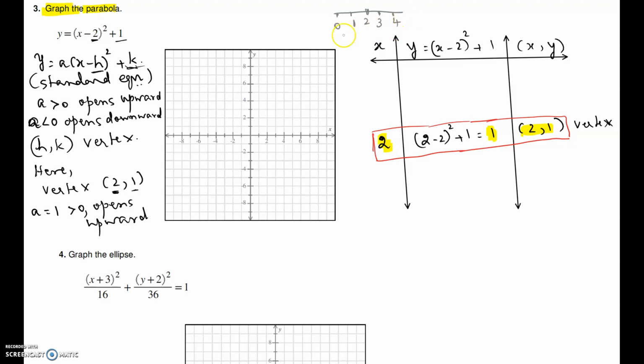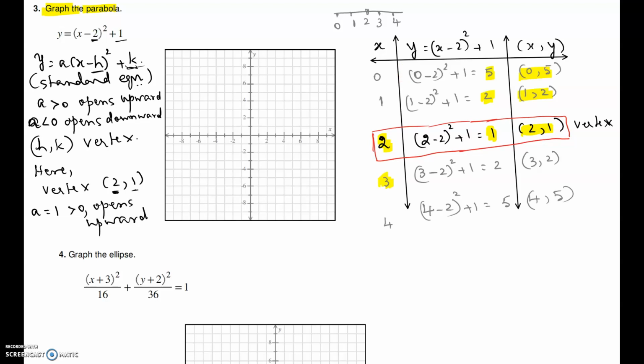These are all x values. So we start off with 0, 1, 2 is already there, then 3 and 4. It's always better to have 2 points to the left of the vertex and 2 points to the right of the vertex. Now we will compute the values here.